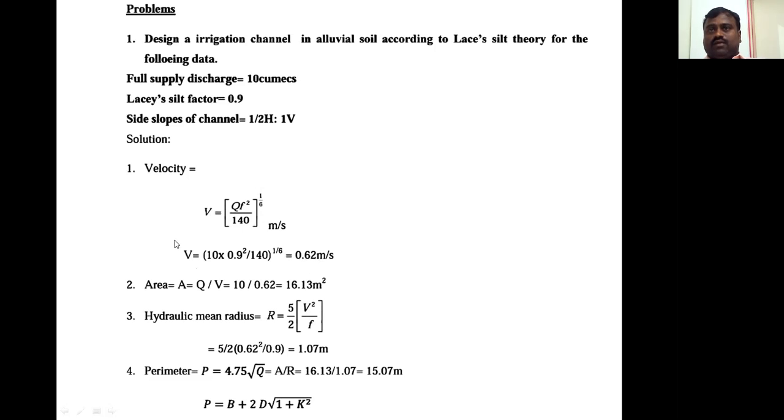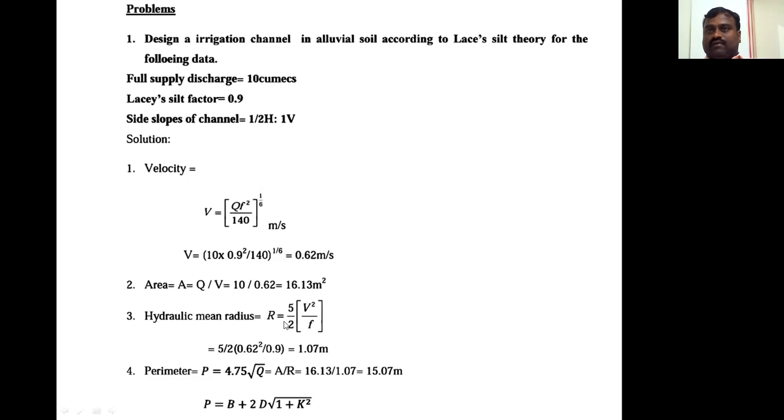Once V is known, using the discharge formula the area can be calculated because discharge is already defined in the problem definition. Substituting Q and V, the area A results equal to 16.13 meters square. Now in the third step, the hydraulic mean radius is calculated using the expression R equal to 5/2 (V²/F).